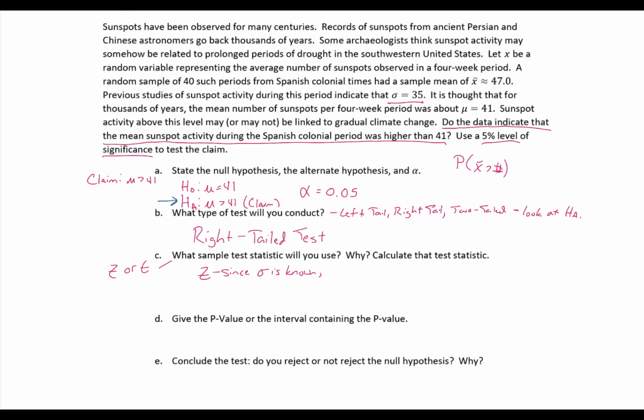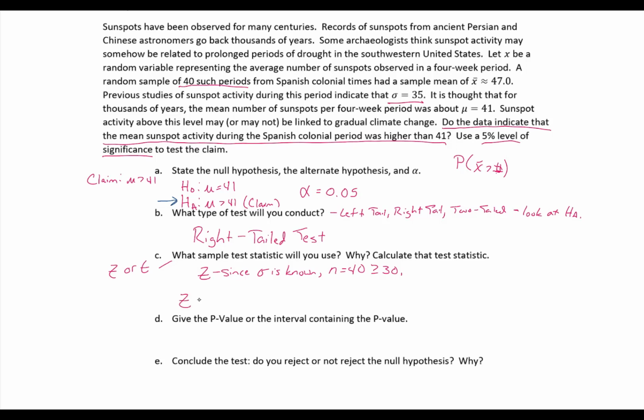Looking back at the information we're given, we don't know anything about the shape of the original population distribution. But we do know that our random sample had 40 such periods. So n is 40, which is definitely greater than or equal to 30. So that's our justification for why we can use our z-test.